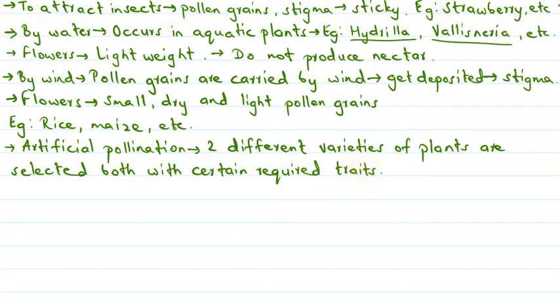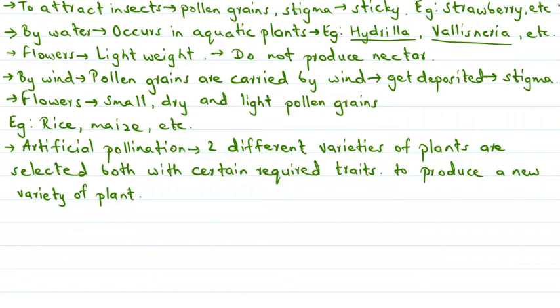The plants having certain required or desired traits are selected to produce a new variety of plant. Okay, so this is done in case of artificial pollination.